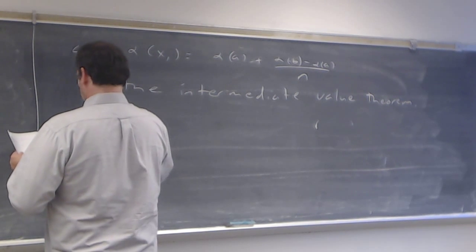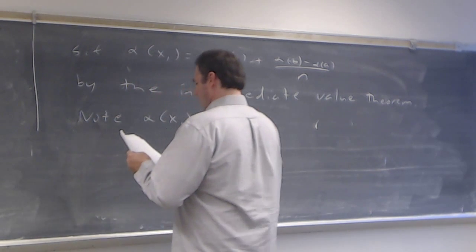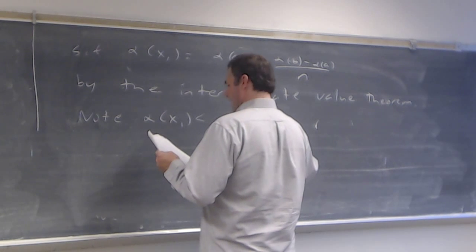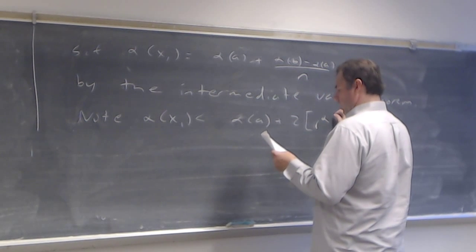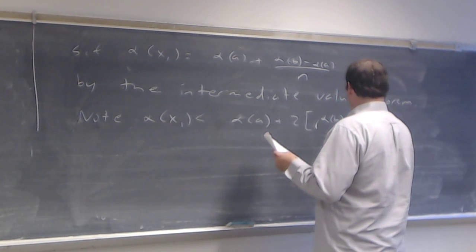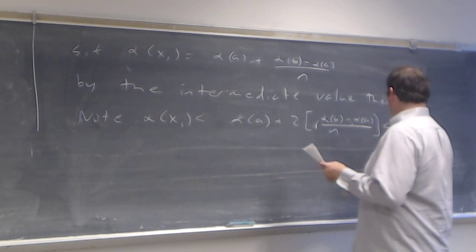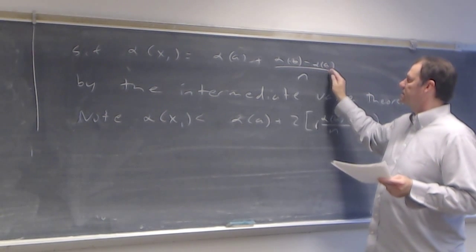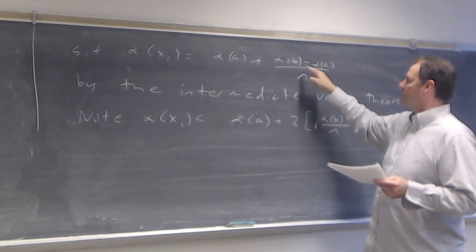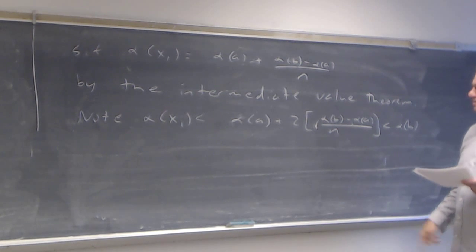Note, and continue this line of thinking, that alpha of x sub 1 is going to be less than alpha of A plus 2 times the quantity alpha of B minus alpha of A all over n, which still is going to be less than alpha of B. So here you went 1 over n of the distance between alpha of B and alpha of A, and you added that to alpha of A. Here we're going to add 2 times that distance.